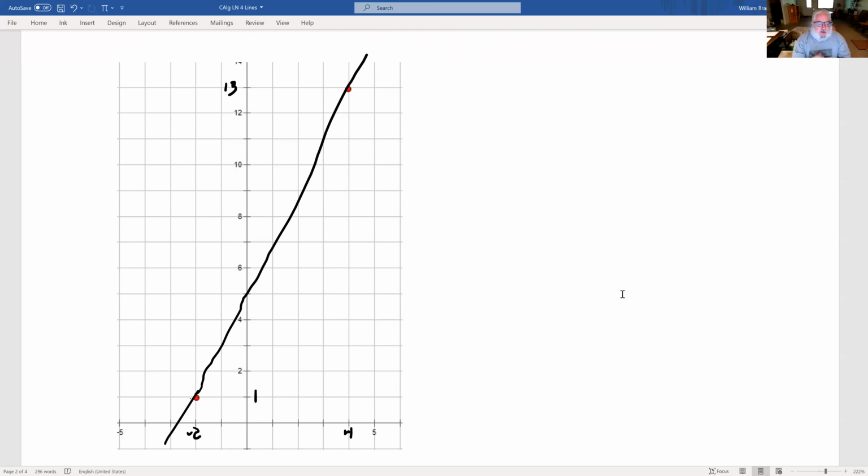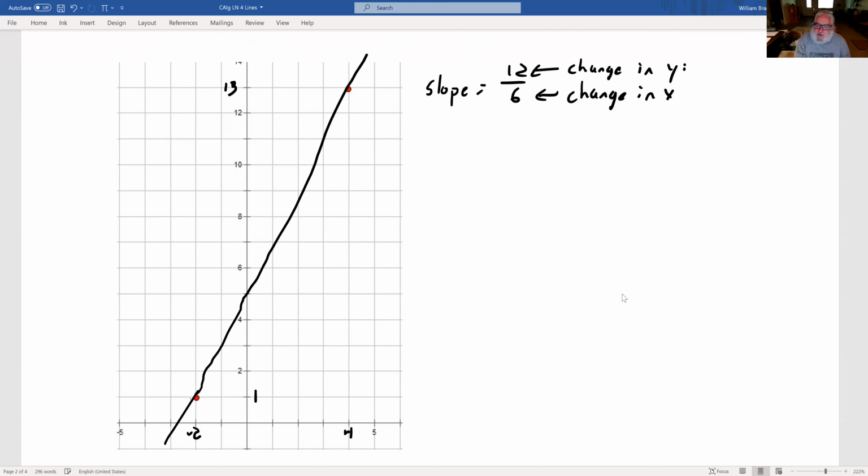Okay, so slope, we found that the slope was 12 over 6. What do those numbers mean? Well, this is the change in x, it was x2 minus x1. The top number is the change in y, it's y2 minus y1. And these all have particular symbols.